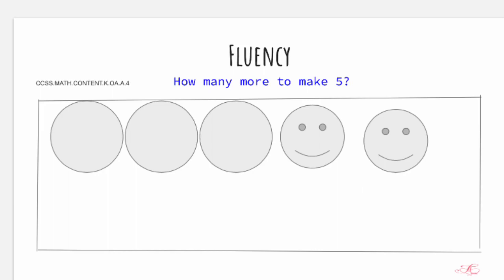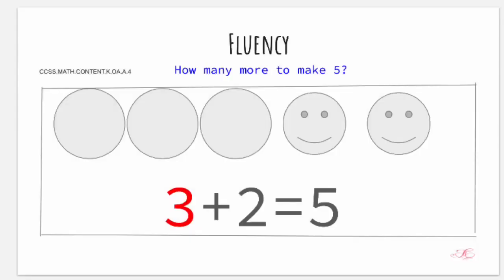What is the number sentence? Great. 3 plus 2 equals 5.